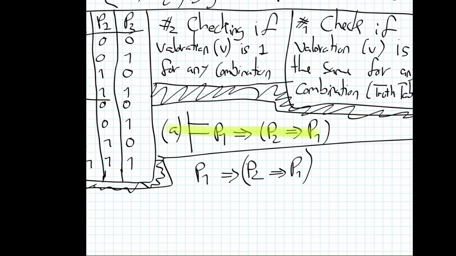Our total number of combinations on this are these ones, so 0, 0, 0, 1, 1, 0, and 1, 1. So we get 0, 0, 0, 1, 1, 0, finally 1, 1.